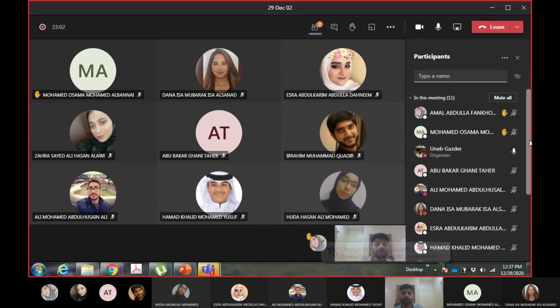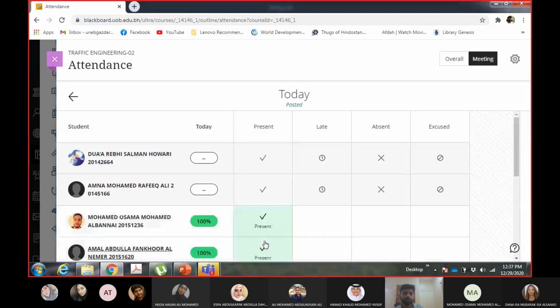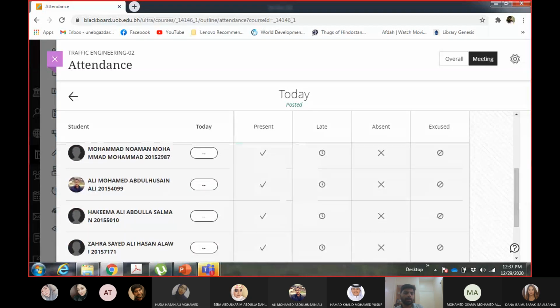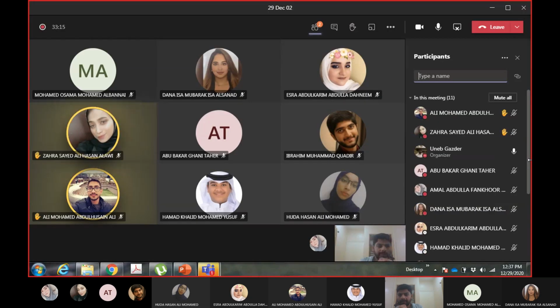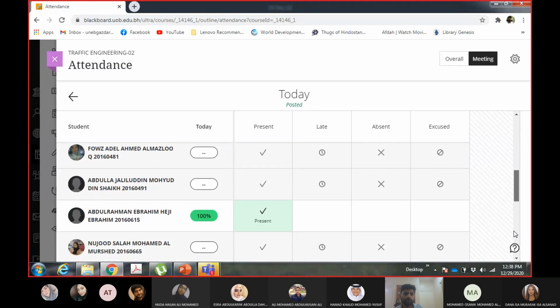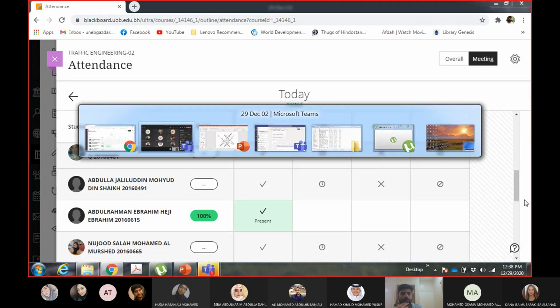Osama and Amal. Muhammad Numan, Ali Muhammad, Hakim Ali, Zahra Saeed. Fawaz Adil, Abdullah Jaliluddin, Nujuz Salah.